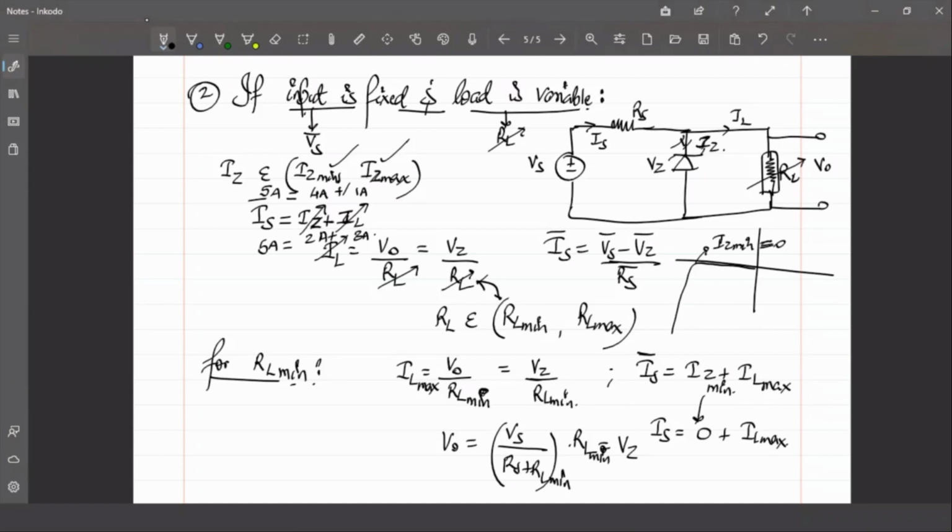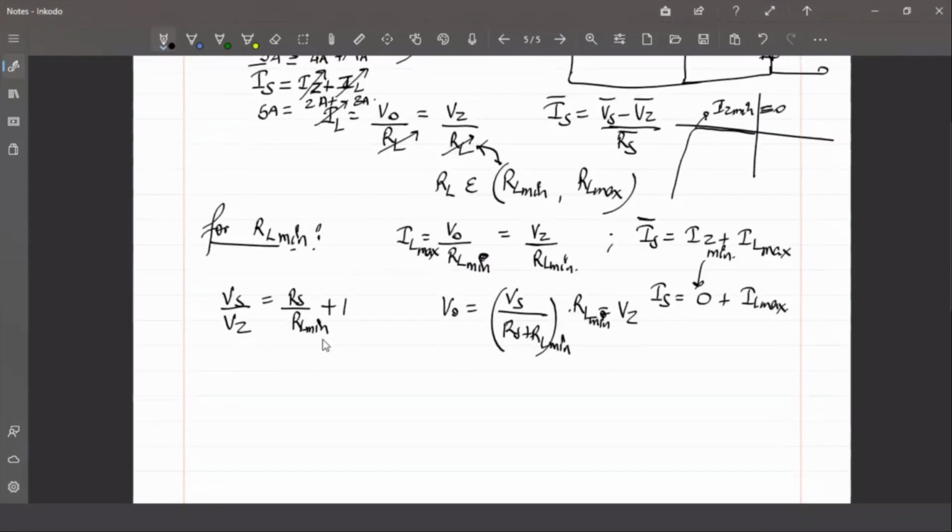So how do we find the value of RL minimum from this? If we just cross multiply, we get Vs divided by Vz is equal to Rs divided by RL minimum plus 1.